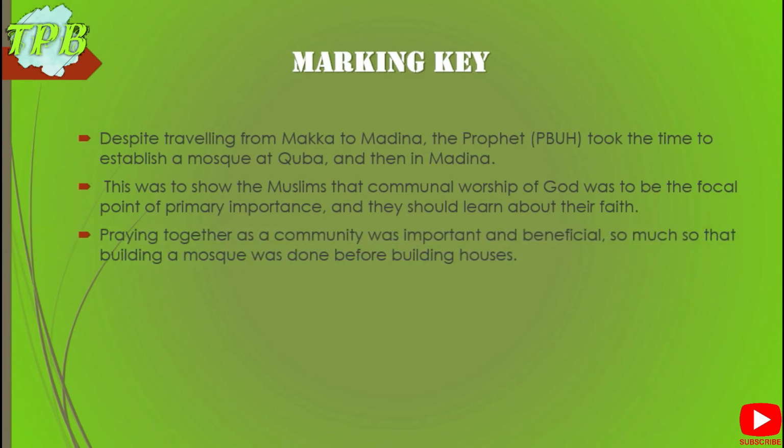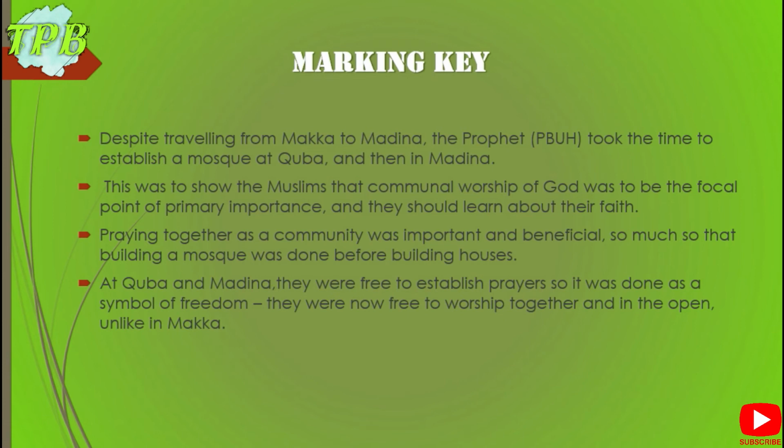Praying together as a community was important and beneficial, as the building of the mosque was done before the building of the houses. At Quba and Medina, they were free to establish prayer, so it was done as a symbol of freedom. They were now free to worship together in an open place, unlike in Mecca. Candidates can offer their own answers and all relevant answers must be credited.